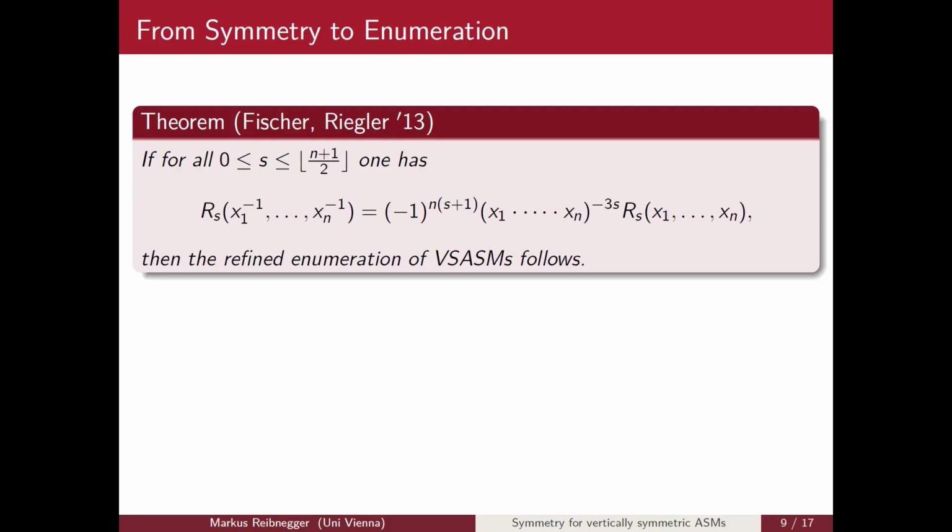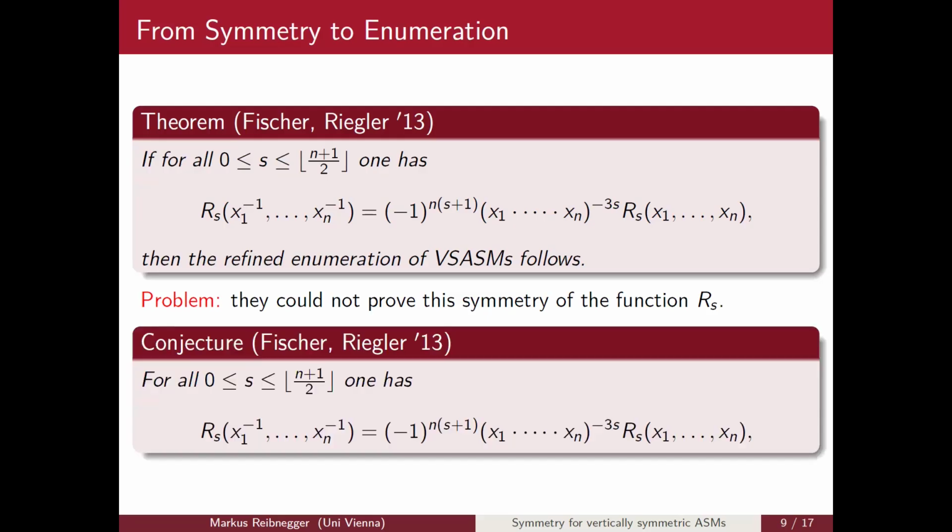Okay. Problem is that they were not able to prove this. This is maybe not so surprising because inverting the variables in the antisymmetrizer is not so simple. It's hard to keep track of all the permutations and what the antisymmetrizer actually does to them. But they conjectured that it's true anyway.